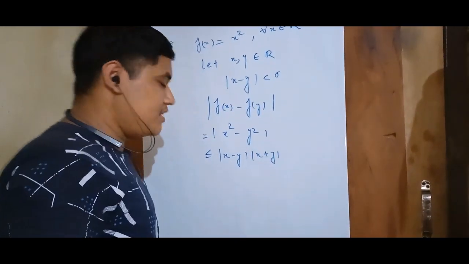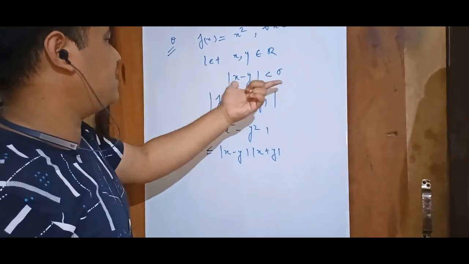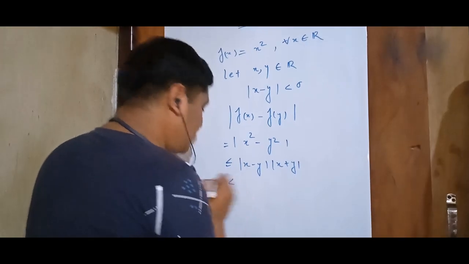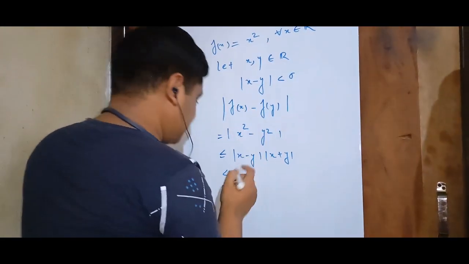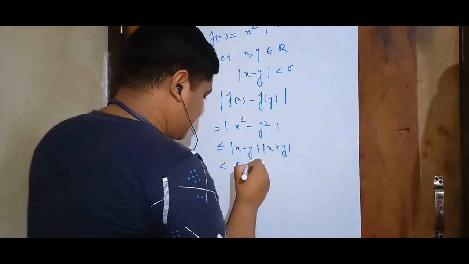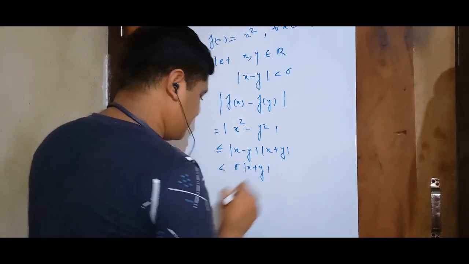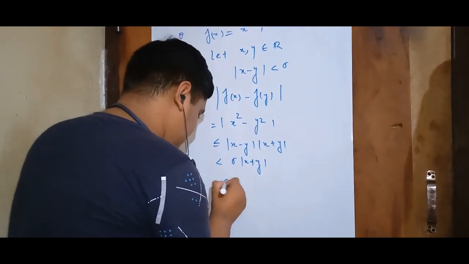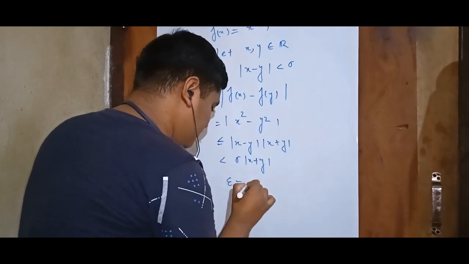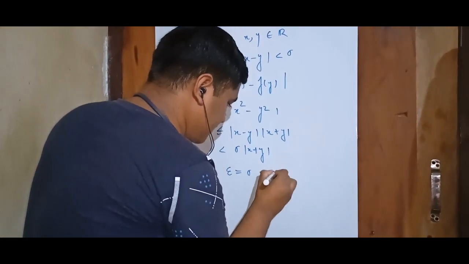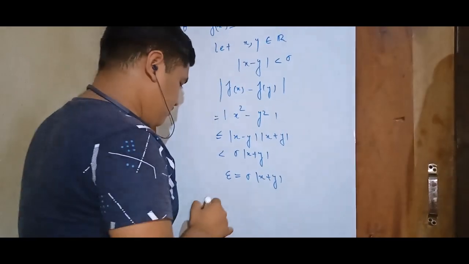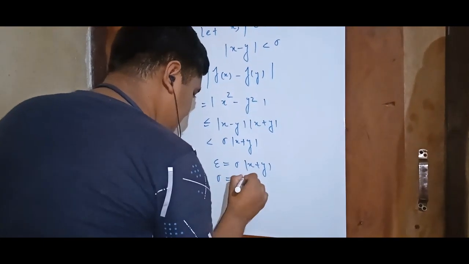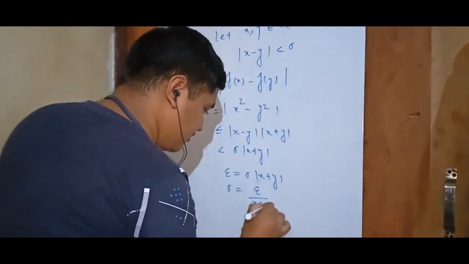Since modulus of x minus y is strictly less than delta, we can substitute delta here. Let us take this term as epsilon: epsilon equals delta multiplied by modulus of x plus y. So delta equals epsilon upon modulus of x plus y.